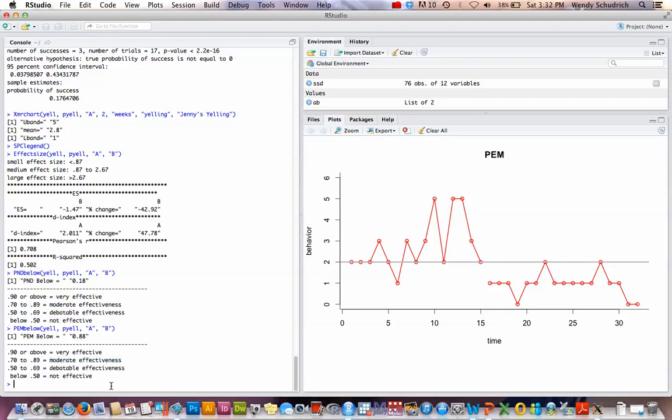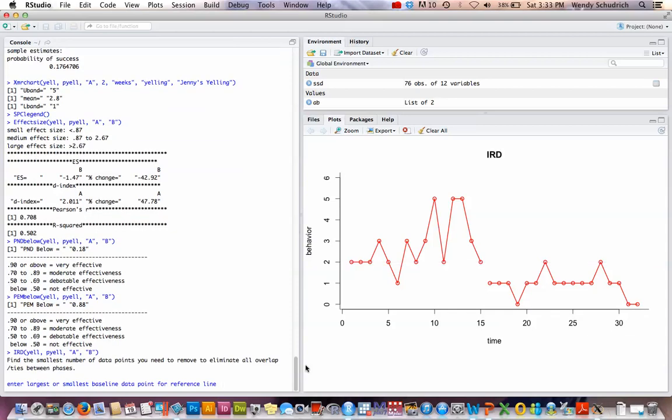Now we're going to use another type of effect size, which is an overlap method, and that's the improvement rate difference. The idea is to remove the minimum number of points from both phases to eliminate all overlap. So we're going to use a reference point to help us make that decision, 1.1.